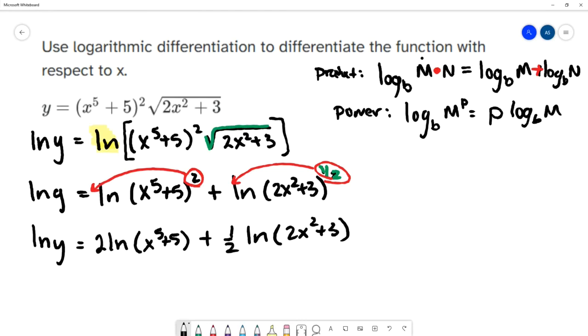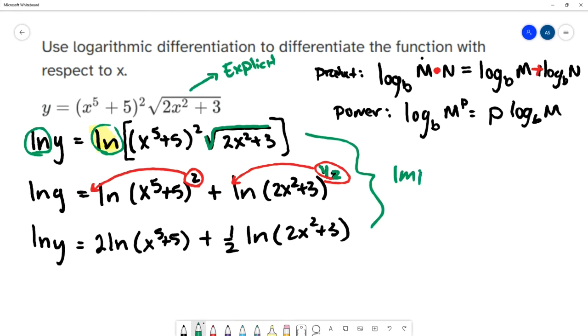Now one of the issues is that because I took the log of both sides, I've now changed this equation from an explicit form, and now all of these equations are implicit.